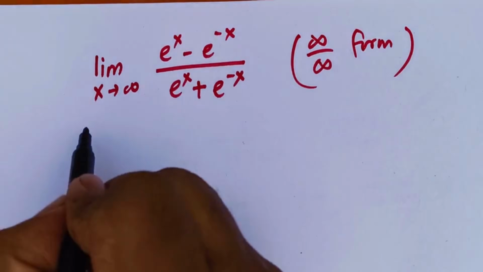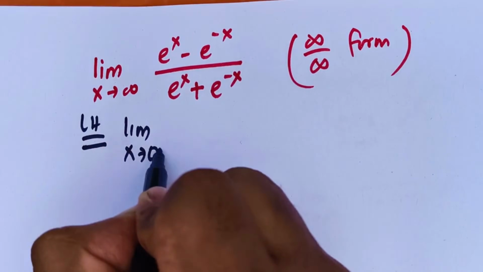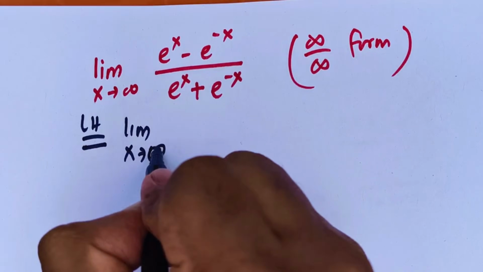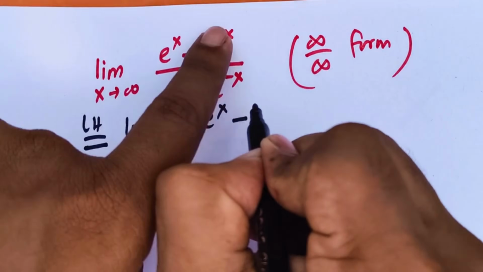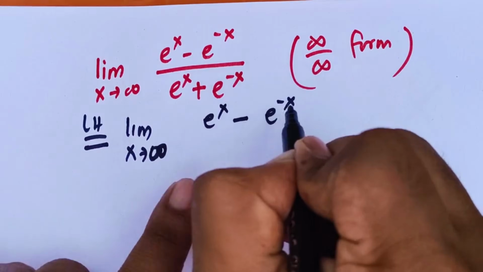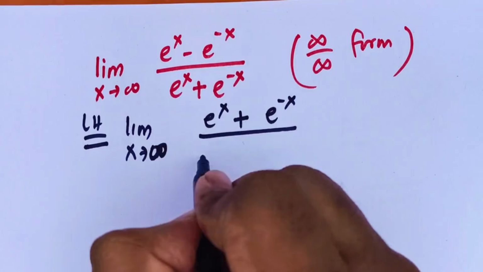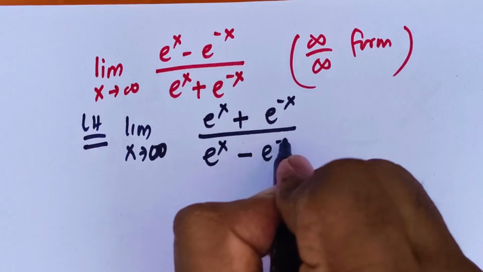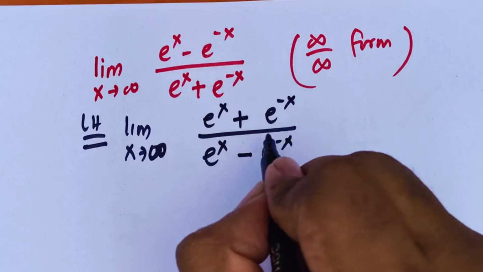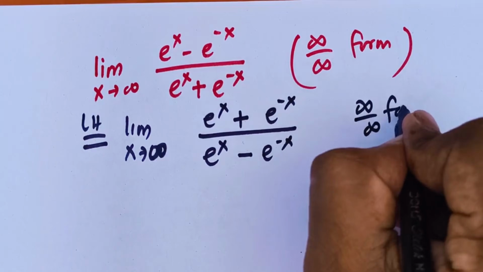Apply L'Hopital. Derivative of top is e to the power x plus e to the power minus x, since the derivative of e to the power minus x is minus e to the power minus x, times minus 1. In the bottom we have e to the power x, and the derivative of e to the power minus x is minus e to the power minus x. Again, this limit is in infinity over infinity form.